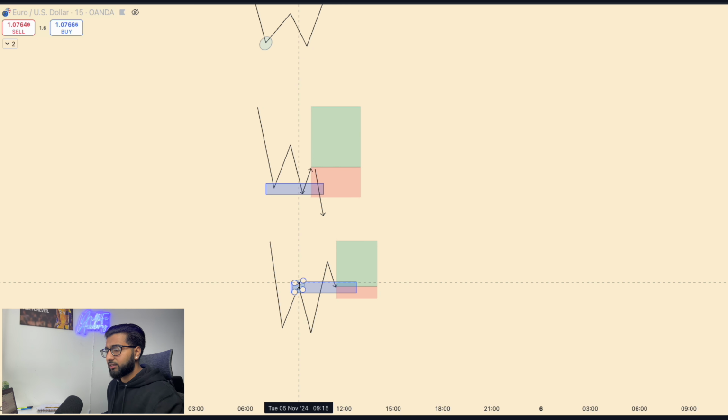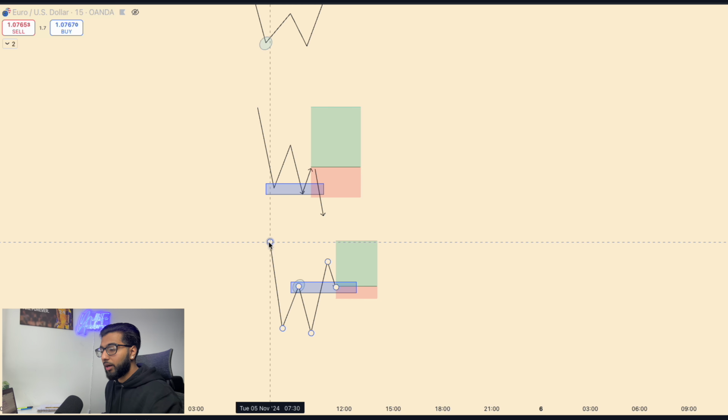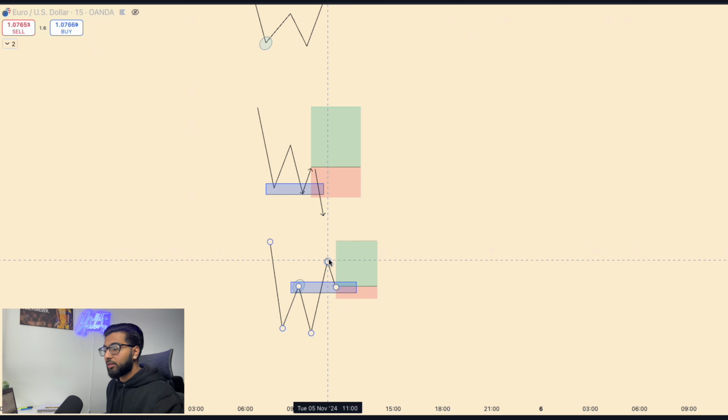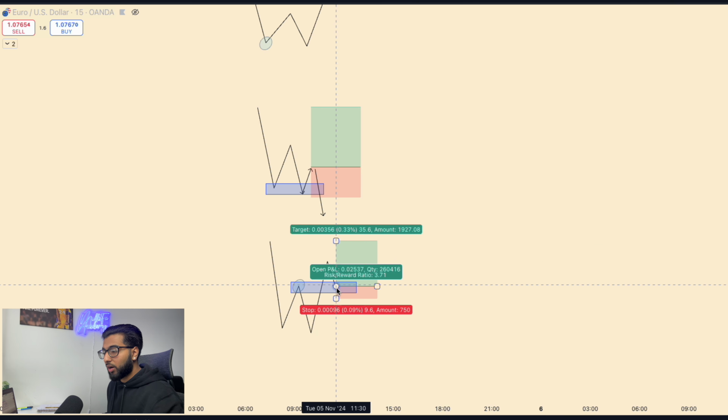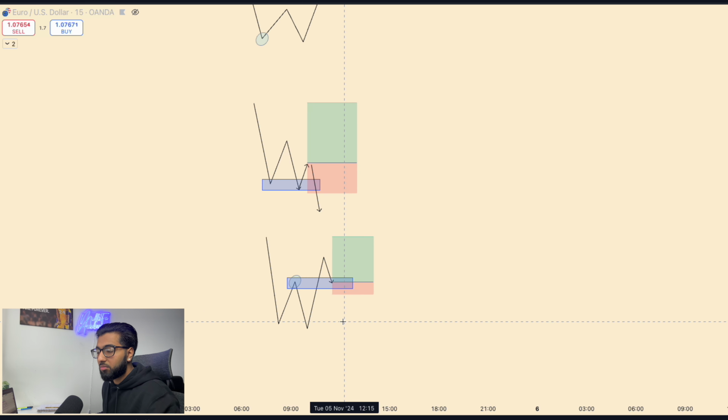Now, with this kind of setup, because we have that internal breaker structure, we most likely will get to this level right here. Why? Because price has attempted. There's no reason for price to just crash down at this level unless there's news or something that is just not your fault.